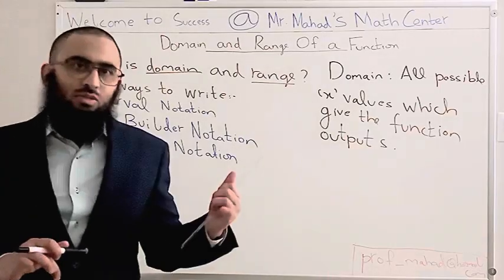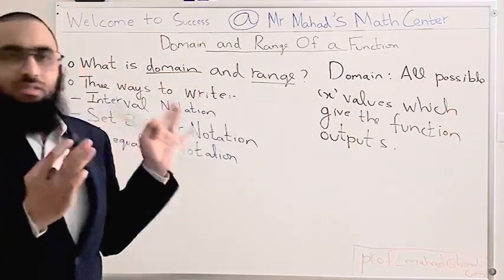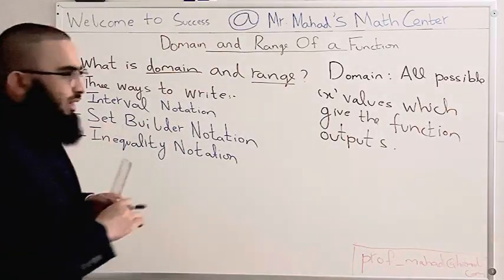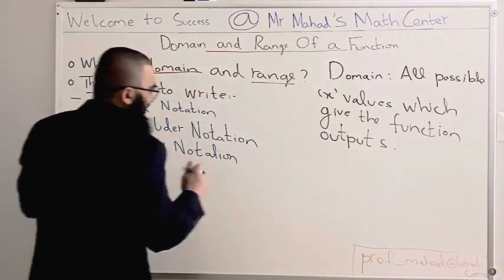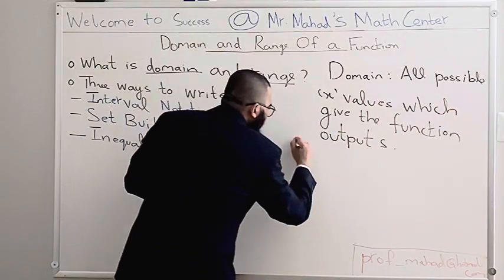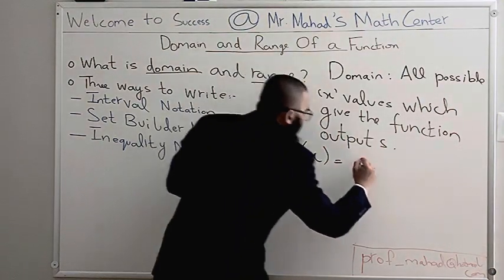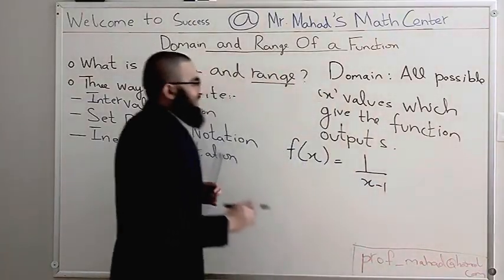Let's look at this with an example of what I mean by this. Some of you might be scratching your head, so we're going to come to an example. Let's say, guys, for example, I have f of x is equal to 1 over x minus 1.